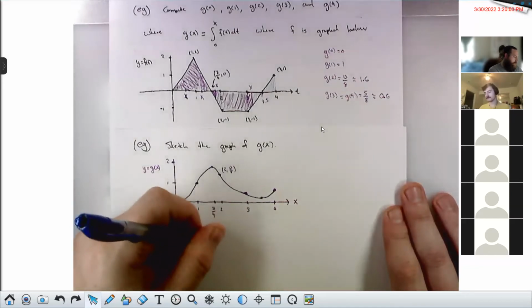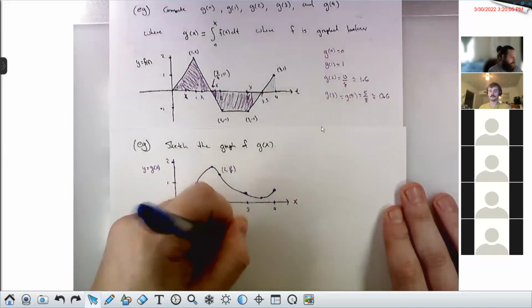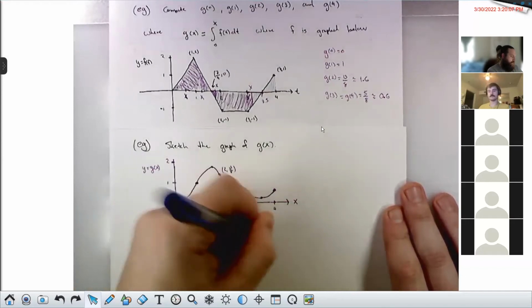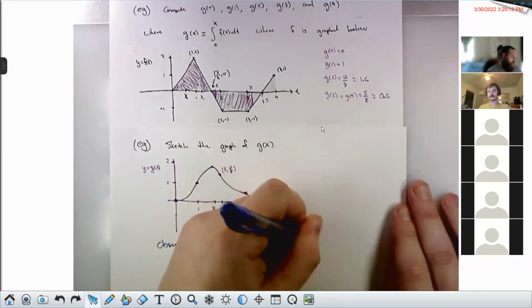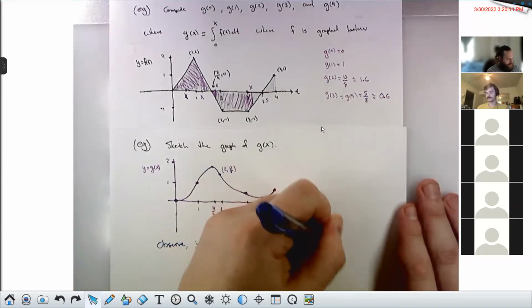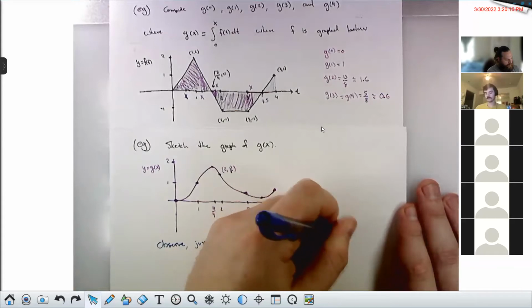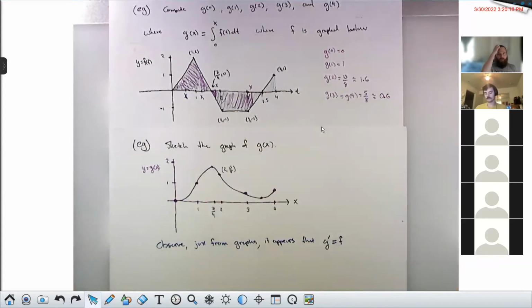Just from graphs, it appears that G prime is F. And I'm leaving the variables out because I don't want you to get confused. It looks like the derivative of this thing should be this thing, and that is the truth.